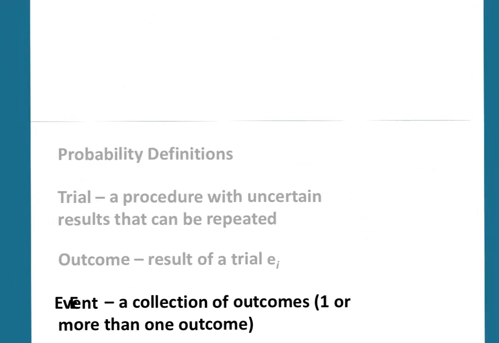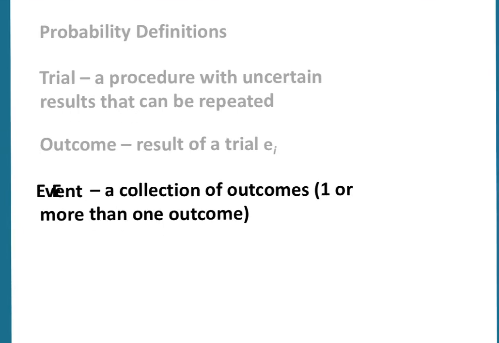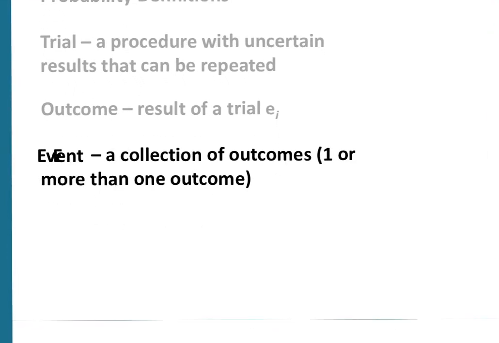All right, so far we have the definition of a trial, an outcome, an event, and what is hiding behind that event. It's actually a capital E. So we use a small e to indicate one outcome, but we use a big E to represent a collection of outcomes.